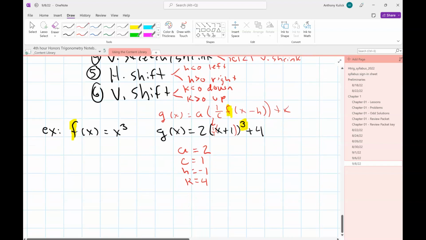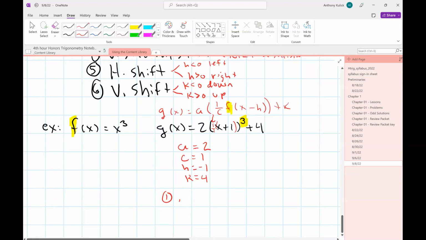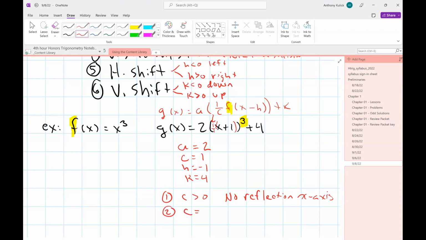All right. So I noticed that the C value is greater than 0, so we have no reflection across the x-axis. Since the absolute value of C is equal to 1, we have no horizontal stretch or shrink.